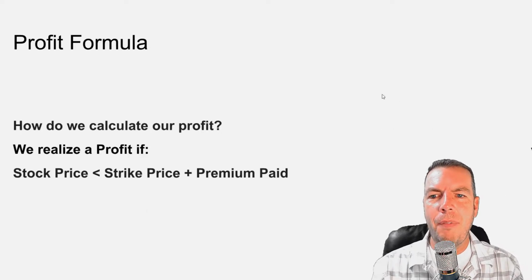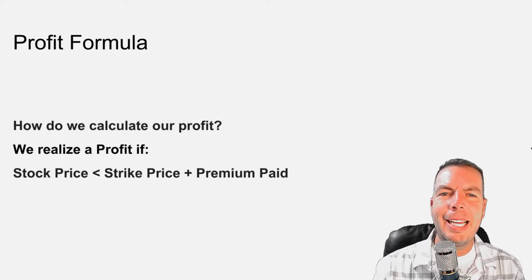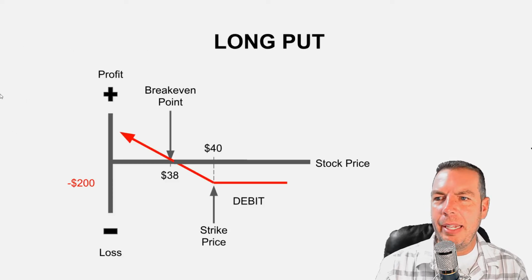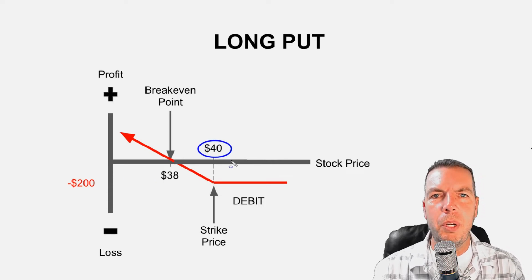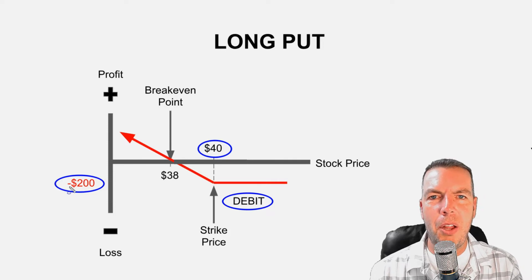All right, the profit formula. How do we calculate our profit? We realize a profit if the stock price is less than the strike price minus the premium paid. Let's go back to our profit loss diagram. In this example, we bought the 40 put. We're expecting that stock to go down, and we paid a debit in our account of $200.